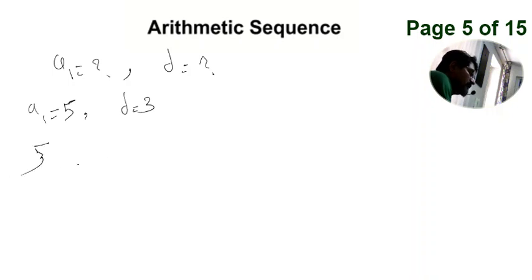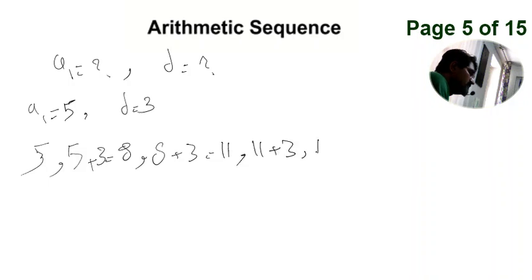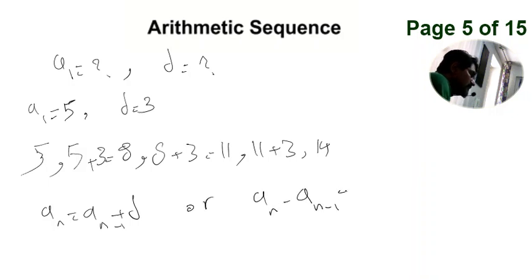Start with 5, the next one 5 plus 3, that is 8, 8 plus 3 is 11, 11 plus 3 is 14. That is an is equal to an minus 1 plus d, or an minus an minus 1 equals d, the common difference.